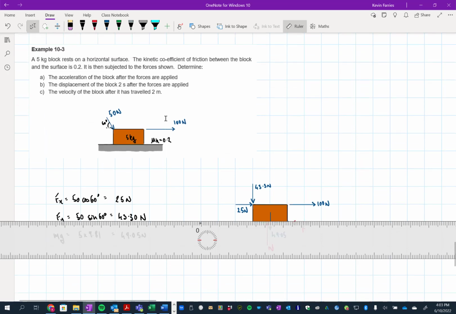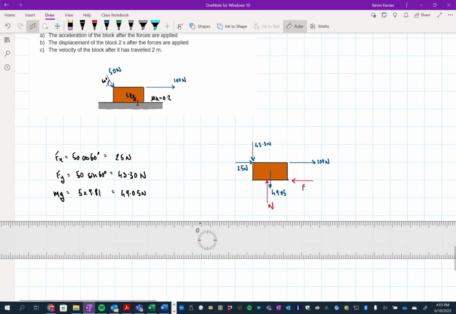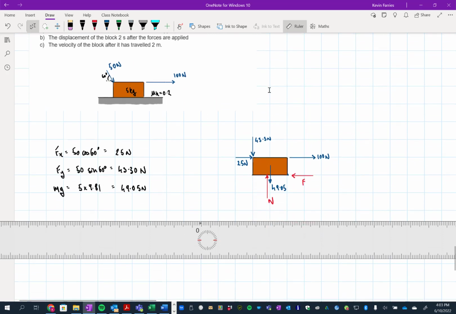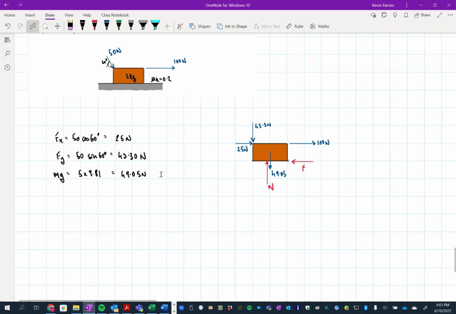This question might give you both the static coefficient of friction and the kinetic coefficient of friction, and ask you to calculate whether or not this block will move. In this question, it's assuming that the block will move, so we're assuming that these forces are going to cause this block to move. It hasn't even given us the static coefficient of friction. Anyway, let's just push on.